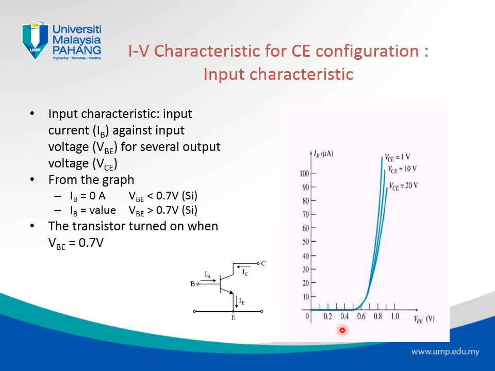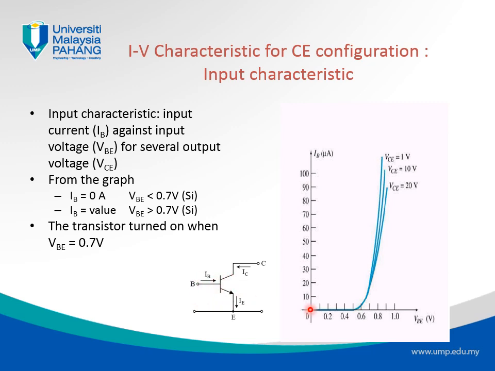So in order to have current circulating in the transistor, to have IB, we have to go beyond the bias voltage of the junction. The bias voltage of the junction is of course between 0.6 and 0.7. For silicon, we would say it's equal to 0.7. So before 0.7, there will be no current injected into the base.